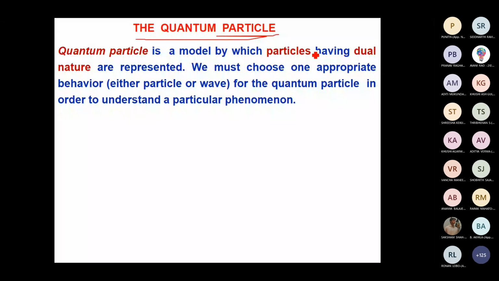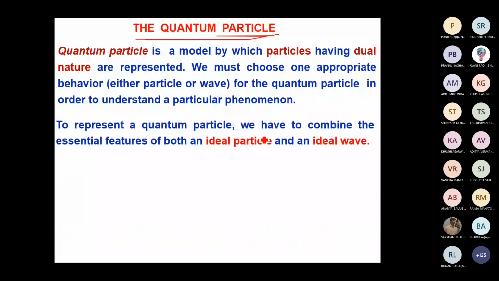Either a particle nature or a wave nature needs to be chosen. For example, in diffraction you use the wave nature. The moment you come to the photoelectric effect, you use particle nature.